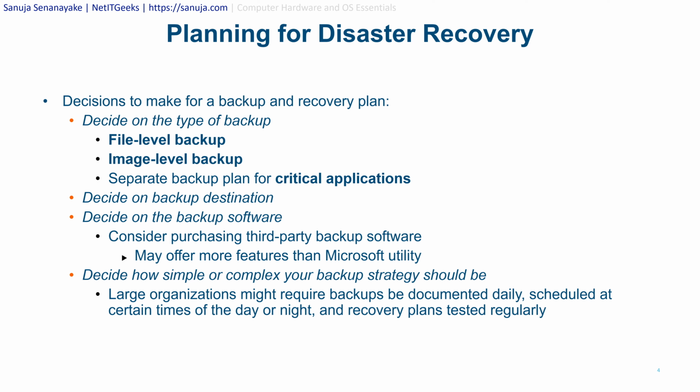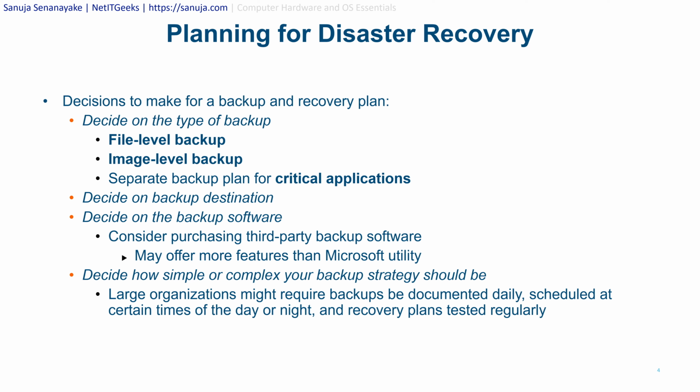That's the file level backup. So basically we are backing up the user data, user created, generated information. Some software also creates certain files that are critical, such as accounting software that has specialized files that may need to be backed up. So that's what the file level backup is going to do.